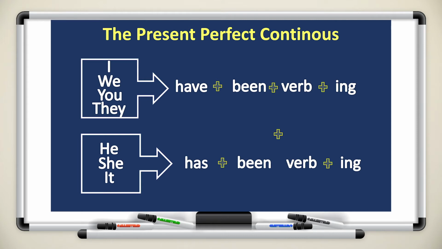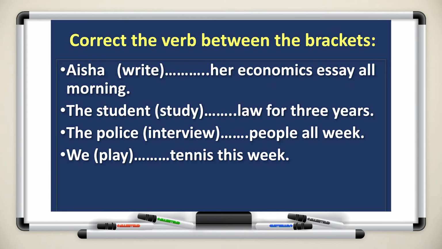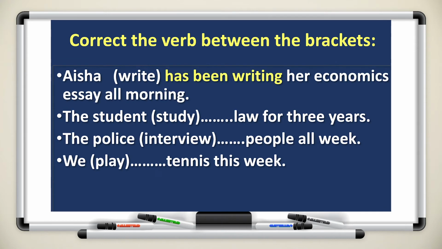Let's practice some sentences. Aisha writes her economics essay all morning. Now notice all morning is a period of time. Let's look at Aisha. Aisha is a singular form. So we'll say Aisha has been writing her economics essay all morning.